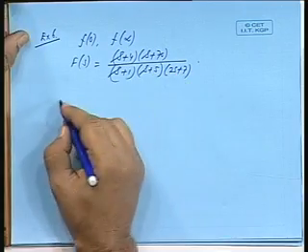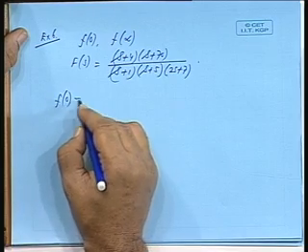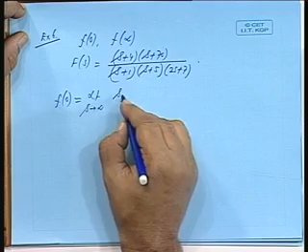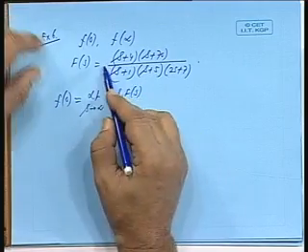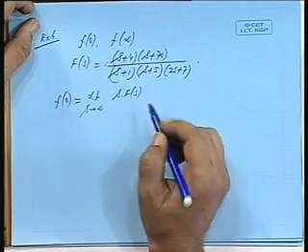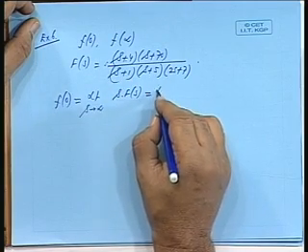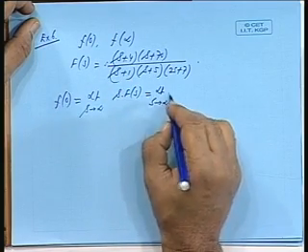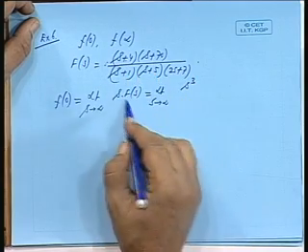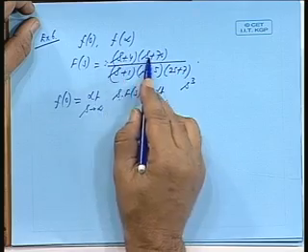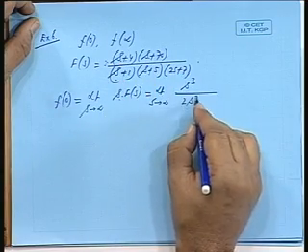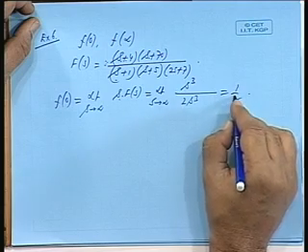Obviously, f(0) we compute as limit s tending to infinity s into F(s). If I multiply by s and then make s tending to infinity, only the highest power of s has to be computed. So, if I leave only the highest powers, it will be s cubed after multiplying by s, into s into s divided by s into 2s. So, that gives me half.